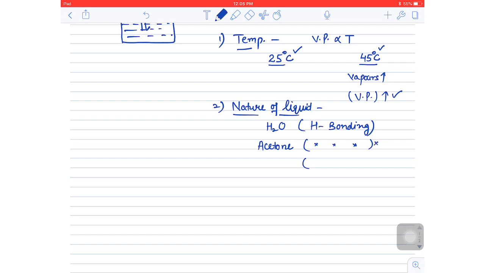There is no hydrogen bonding, but there are dipole interactions. Dipole-dipole interactions are weak compared to hydrogen bonding.